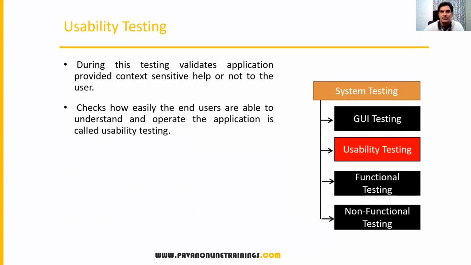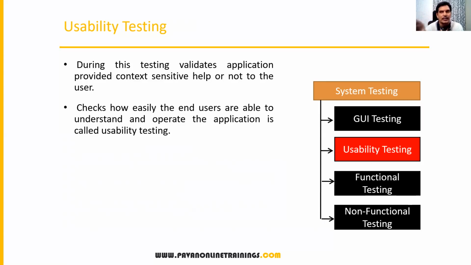So especially in usability testing, what you will focus on is help documents. Every application or every software, you may see something called a help menu at the corner. So why are we providing that help menu? Suppose the user is stuck somewhere or is not able to do something, he can refer to the help menu, right?